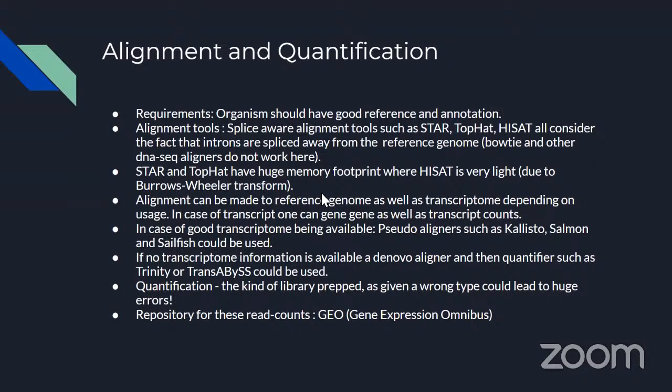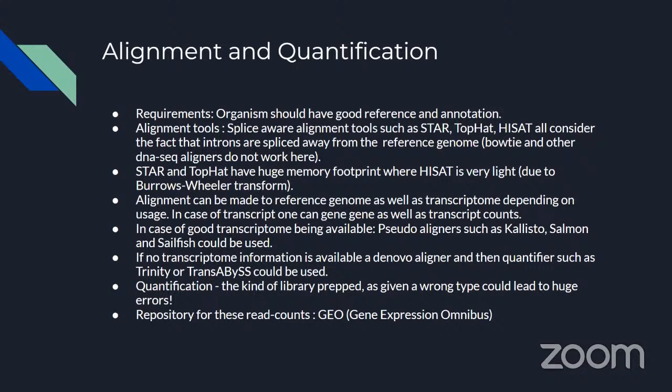This alignment can be done to a reference genome, a complete reference genome, or it could also be a transcriptome, depending on what you want to look at. For example, you want to have only gene counts, or you want counts specific to particular transcripts.